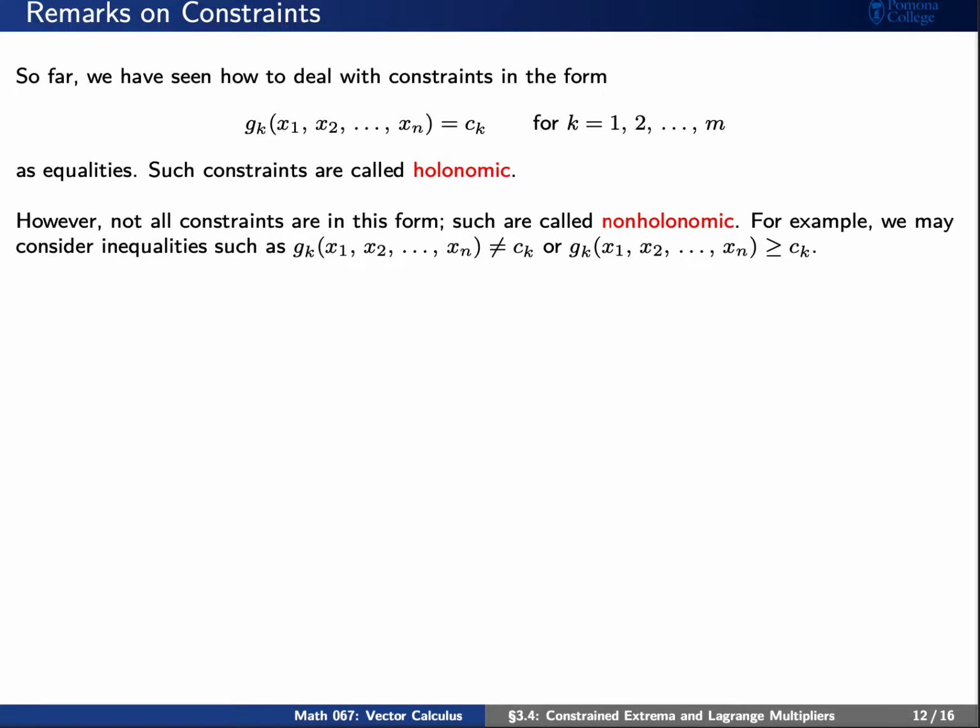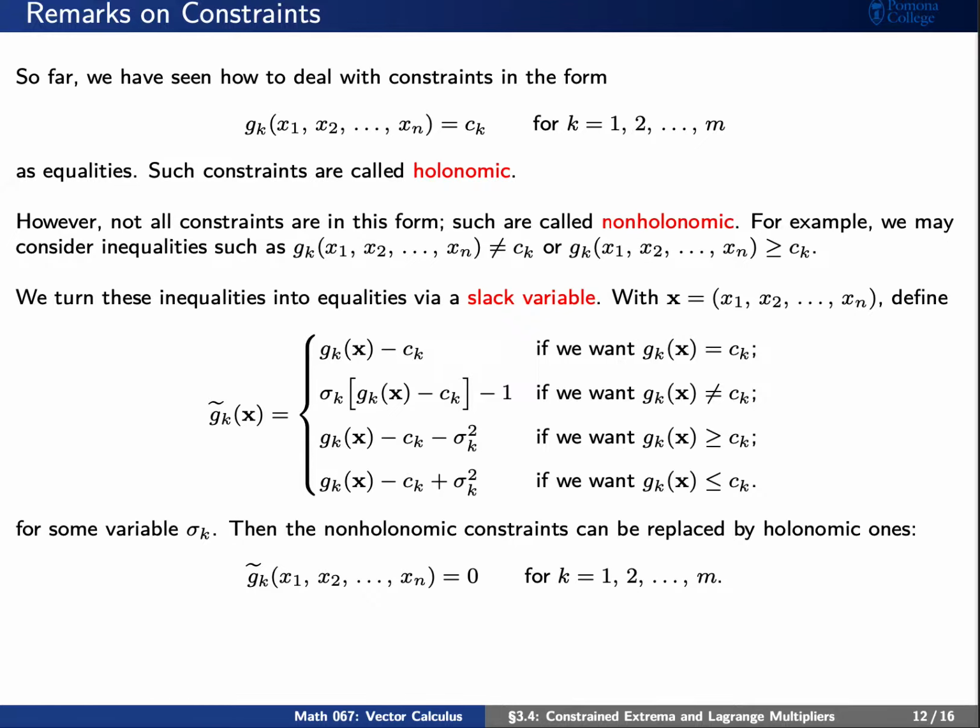So how do we deal with these so-called non-holonomic constraints, where maybe we don't have something equal to something else? We might have an inequality. We can actually turn these inequalities into equalities by introducing what's typically called a slack variable. For example, what if we want to say that g sub k of some variable should not equal c sub k? Well, what this means is that the difference g sub k minus c sub k should not be equal to 0, or maybe we should be able to divide by it.